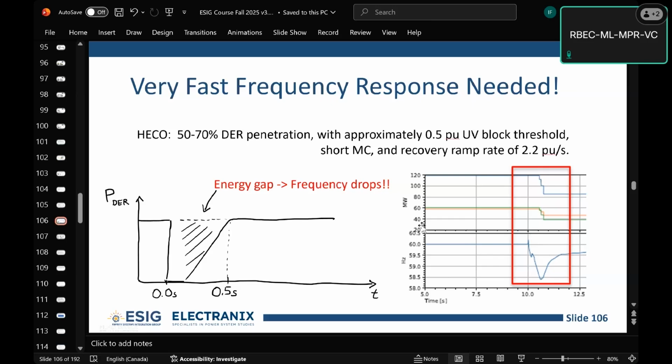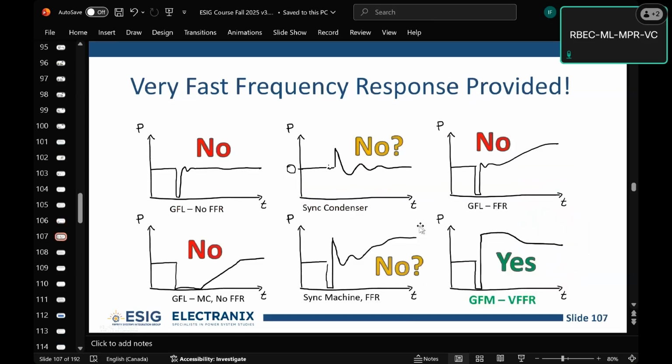So we can fix that with different devices. If you have a GFL on top left, GFL with no FFR, you basically get nothing. You might even get momentary cessation, so you get nothing. If you put a synchronous condenser in, you get the right initial response, right?